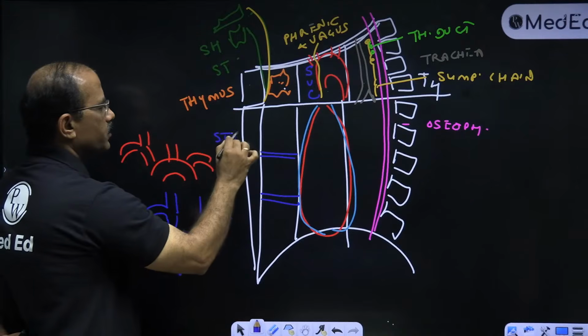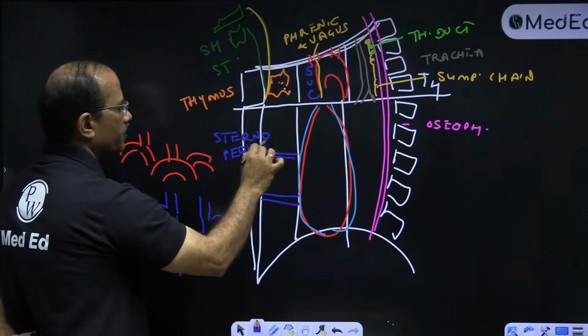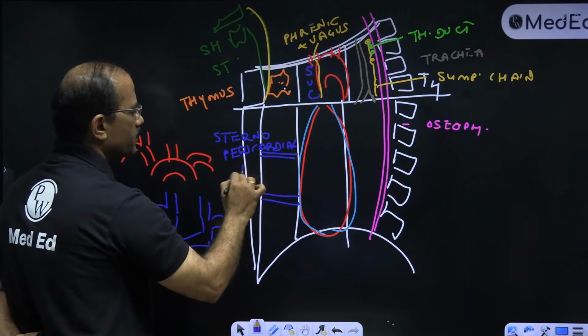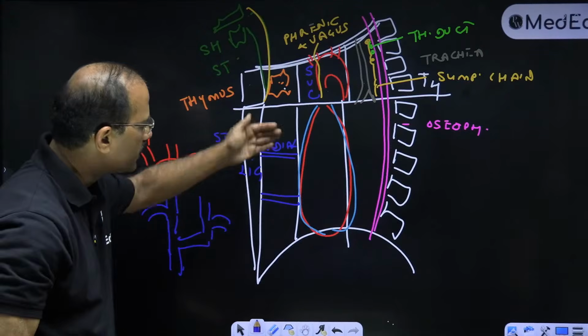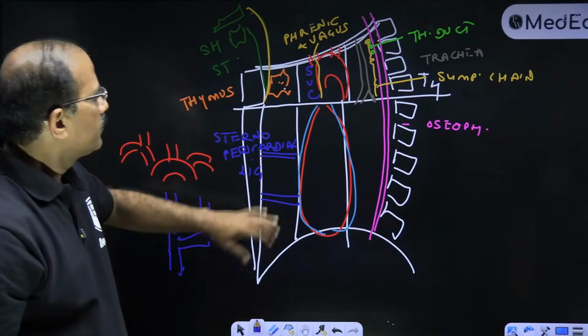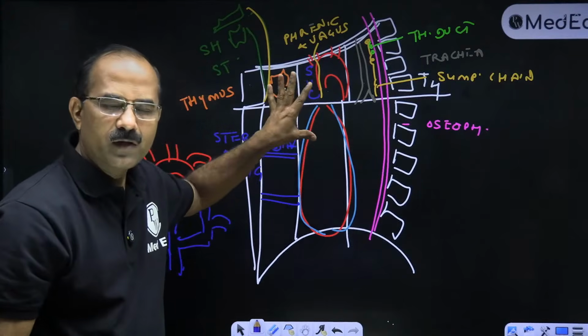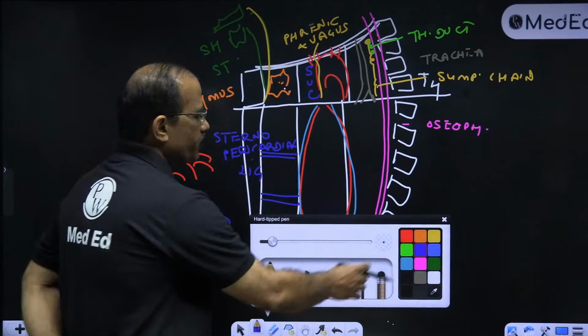The sternopericardial ligaments, superior and inferior. In the middle part we have the heart with the pericardium, and the phrenic nerve.